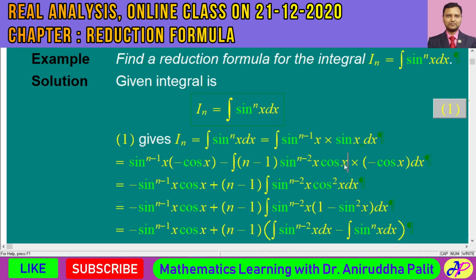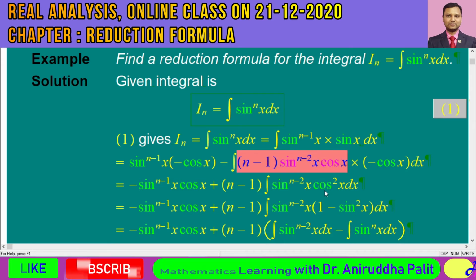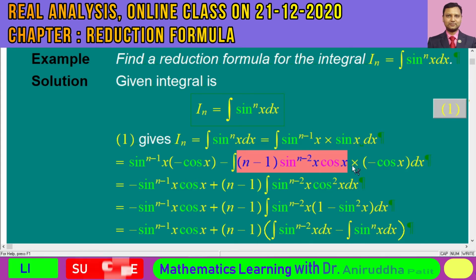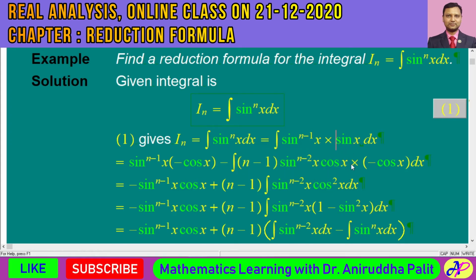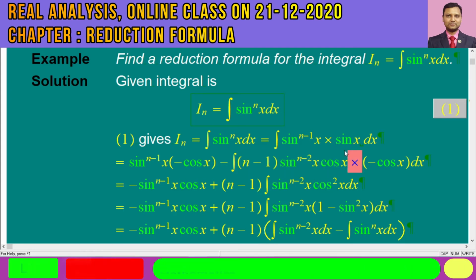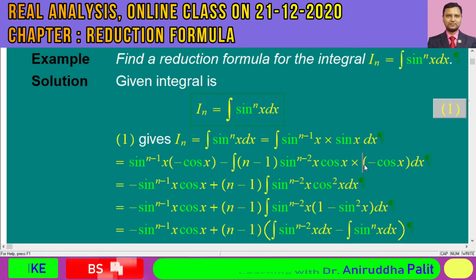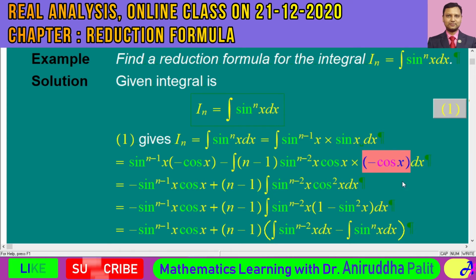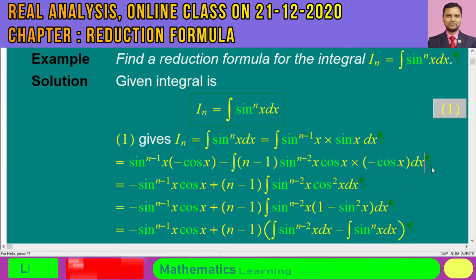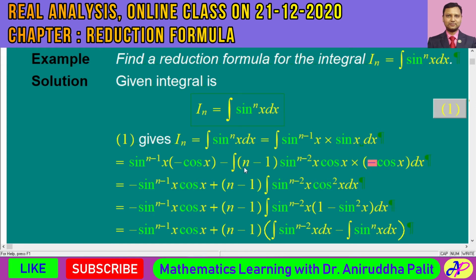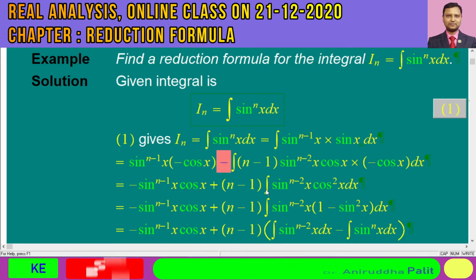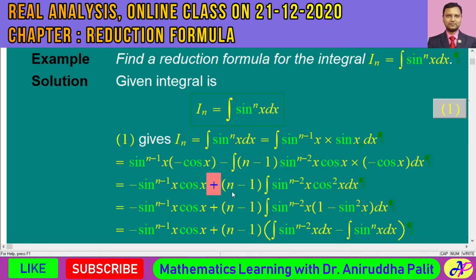So this much would be the differentiation of the first function. And then along with this we need to multiply the integration of the second function. So sine x, whenever it is integrated, gives minus cos x dx. And this minus sign along with the minus sign outside the integral constructs a positive plus sign.